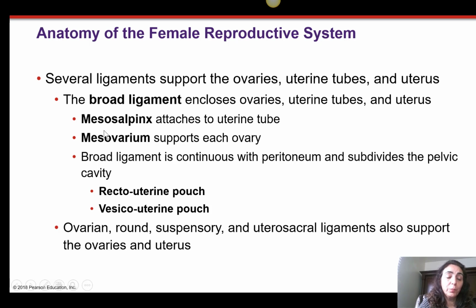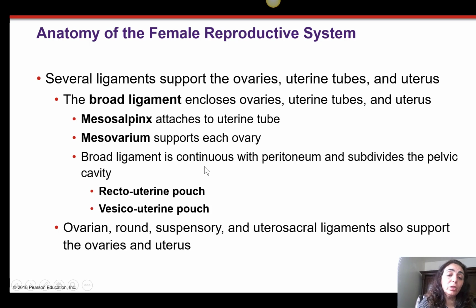I will show you the picture. And then also when it gets to the ovary, we have the same thing. We have a double layer that connects the ovary to the rest of the layers of the peritoneum. We call that the mesovarium. We combine them, mesovarium. And that one supports the ovary.